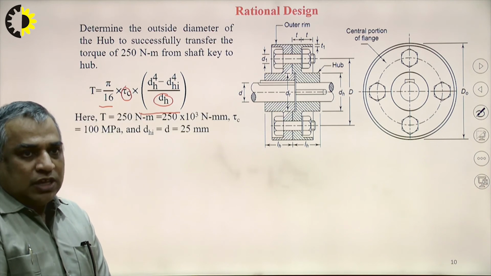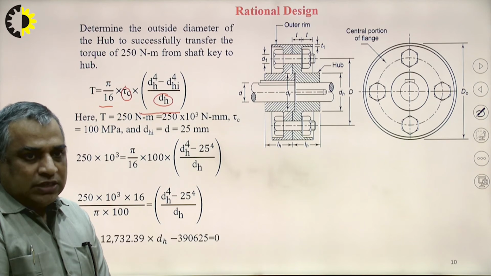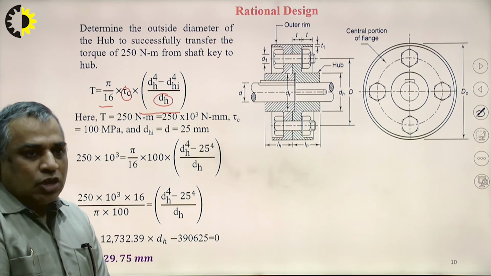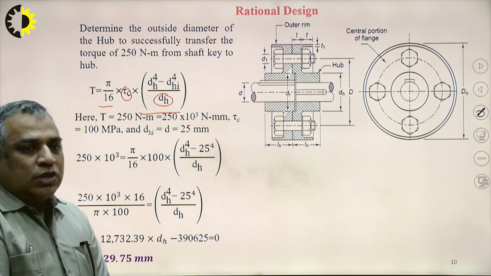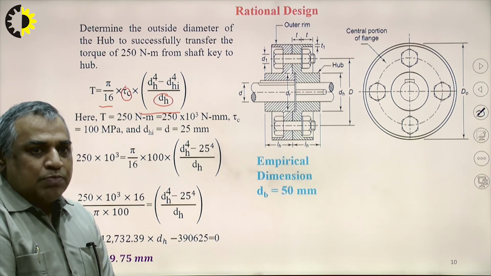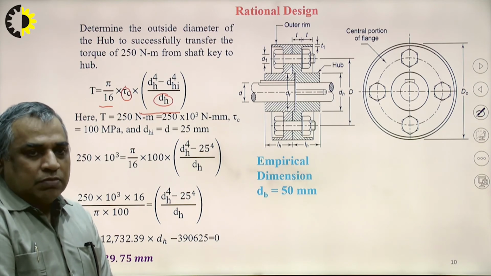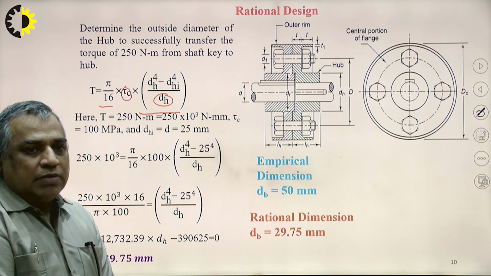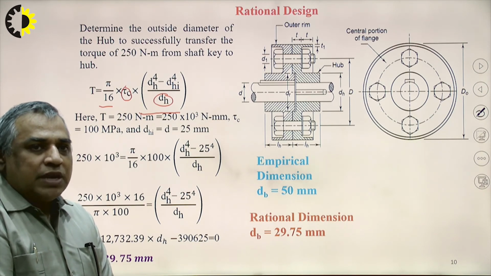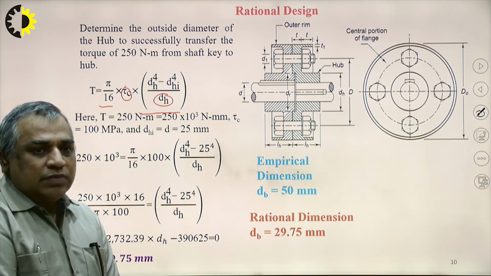If we put all the values here and calculate the value of DH, if you solve it, then DH will come out to be 29.75 millimeter, whereas the empirical dimension for the hub was 50 millimeter for the same, and the rational dimension is 29.75. So as per the definition of combined and rational design, in no case should the dimension be less than the empirical design.